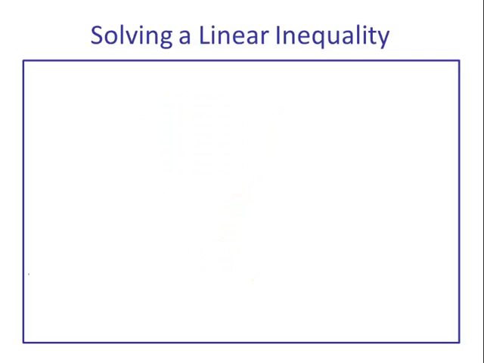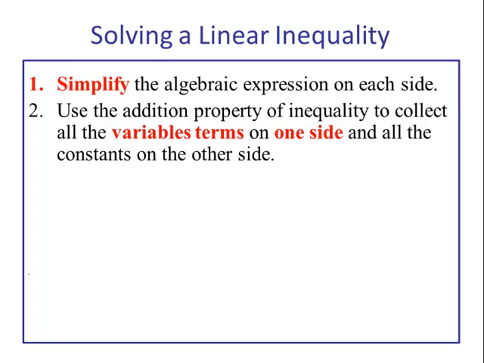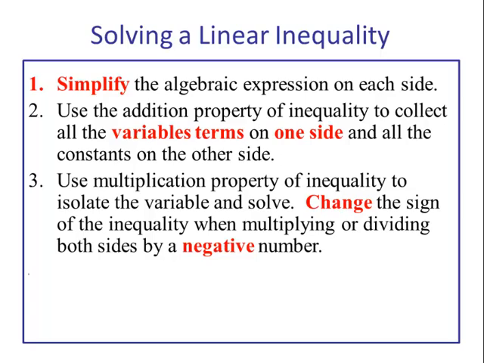Solving a linear inequality. Number 1, simplify the algebraic expression on each side. Number 2, use the addition property of inequality to collect all the variable terms on one side and all the constants on the other side. Number 3, use the multiplication property of inequality to isolate the variable and solve.